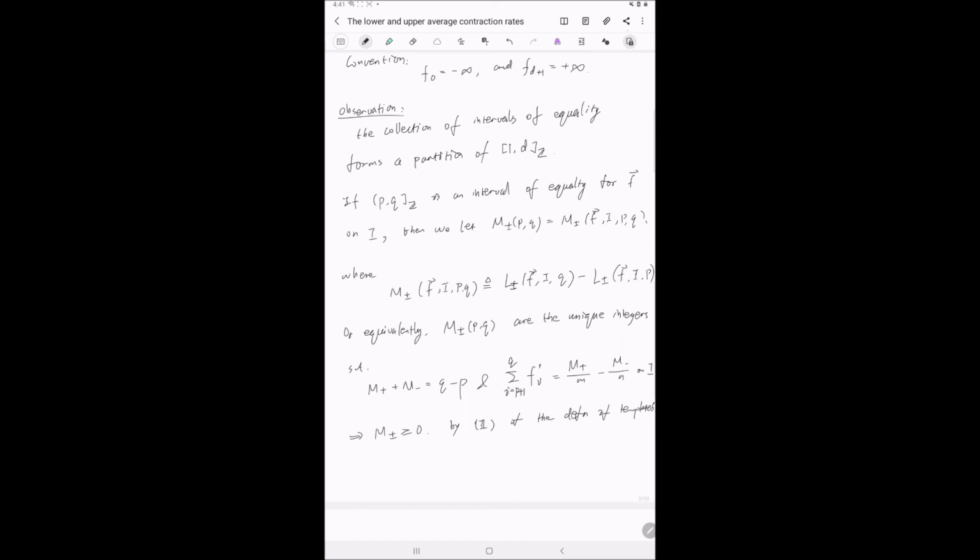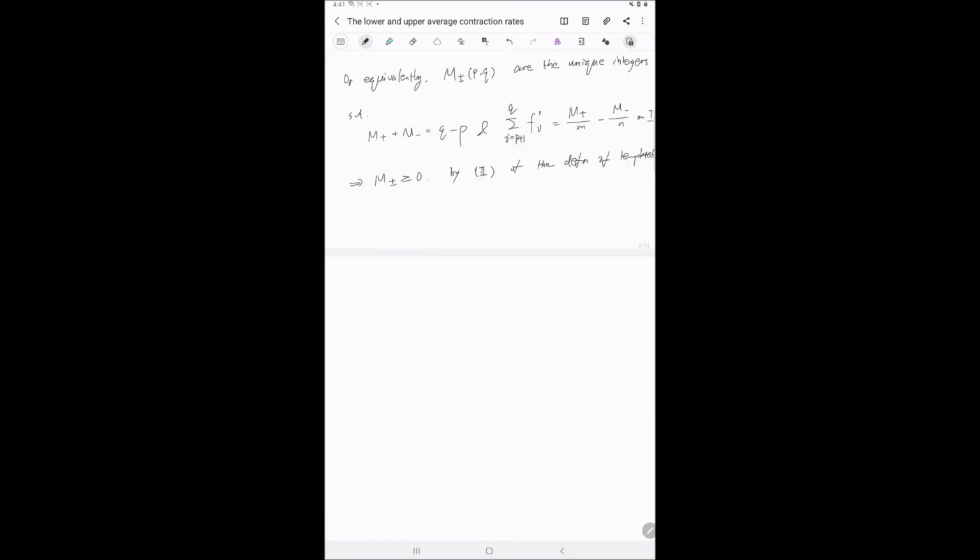Now let us introduce two more notations. Let S plus be the set which is a union of all such intervals, and S minus to be the subset which is a union of those intervals.